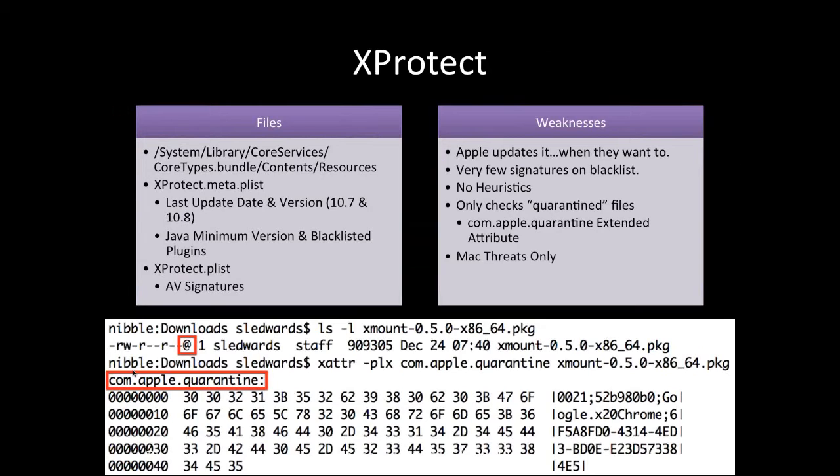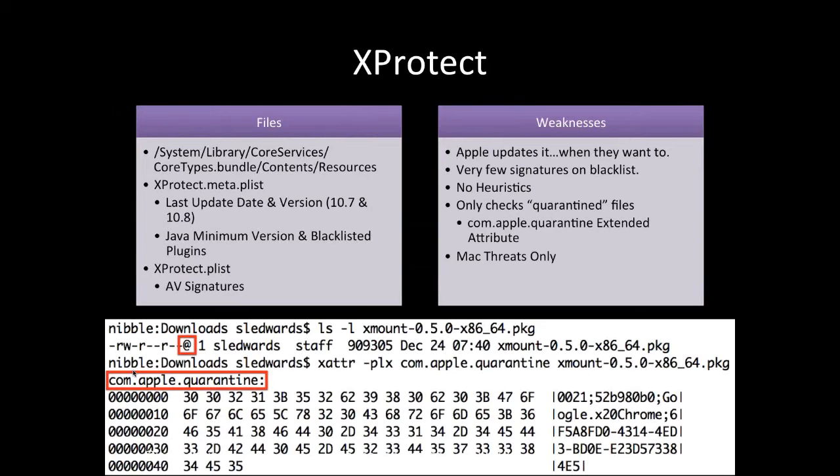So this does have its weaknesses, as does every antivirus product. Apple updates it only when Apple wants to. There are very few signatures on the blacklist. There are only Mac threats on there, so there's no Windows malware, no Linux malware, no Android malware, purely Mac only.